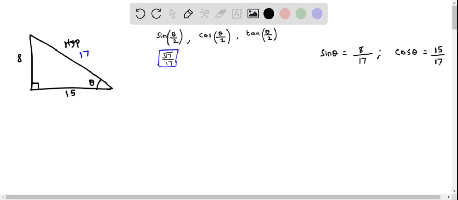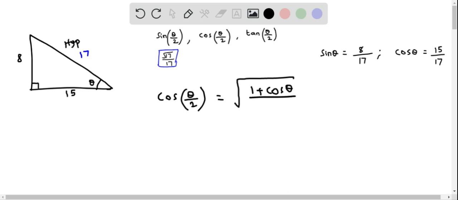We now find the value of cos theta by 2. According to the half angle formula, cos theta by 2 equals the square root of 1 plus cos theta, divided by 2. So let's replace cos theta by 15 over 17. Therefore this becomes the square root of 1 plus 15 over 17, divided by 2.